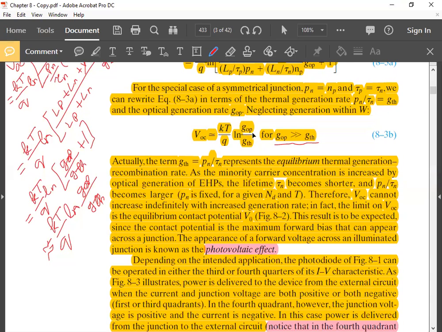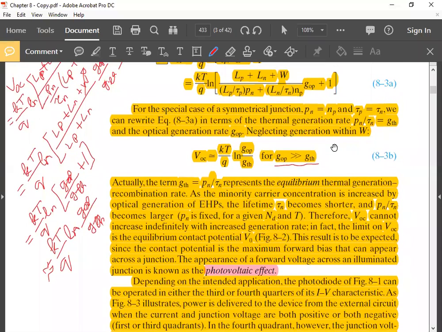So by increasing the optical generation rate, we can get an open circuit voltage across the junction, which can be increased. But that is actually not the case, because as you increase G_OP, the carrier concentration will increase. Remember, recombination rate depends on the number of available electrons and holes.